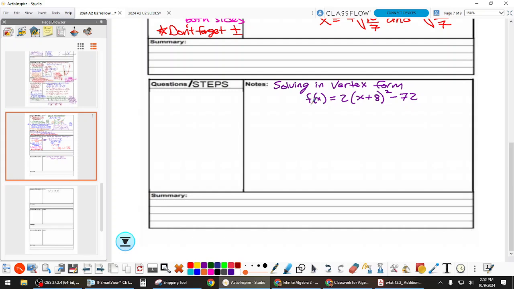So here we're given a vertex form equation for a parabola, and we're asked to solve. Solve again means find the x-intercepts, or the zeros of this parabola, like where does it cross the x-axis.